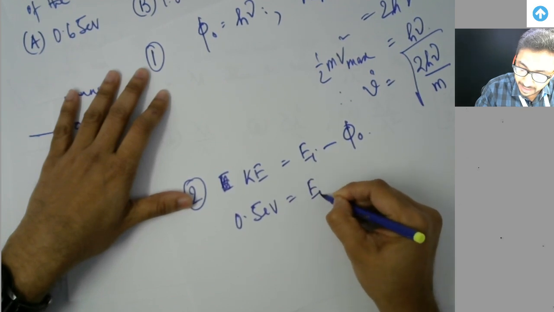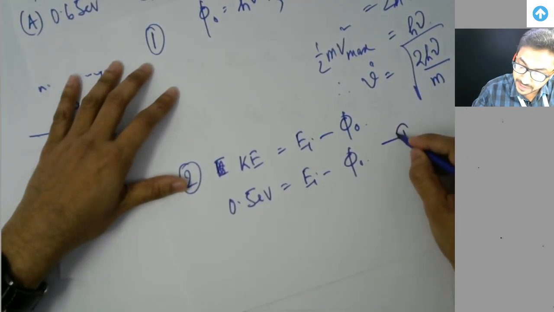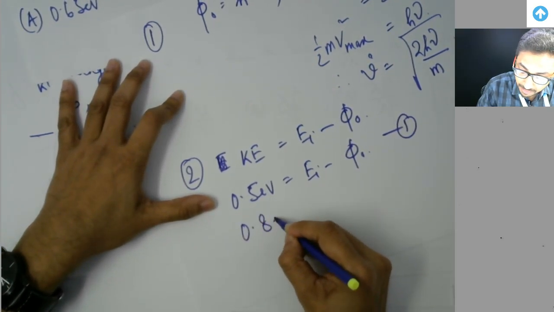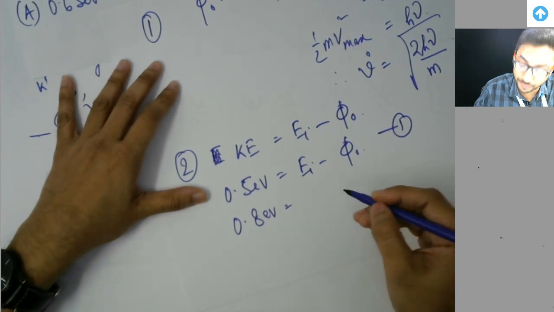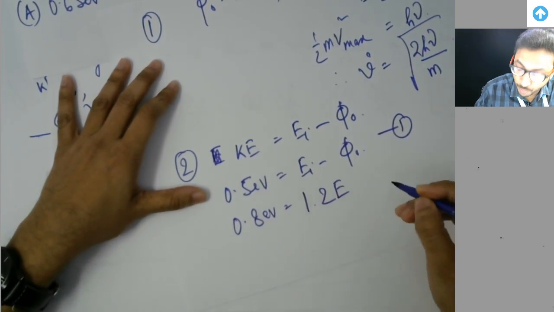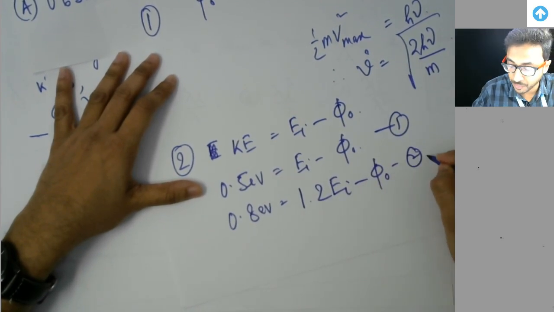So 0.5 is E_I minus phi 0. This is the first equation. In the second equation, the kinetic energy is 0.8 electron volt, and the energy of incidence is 1.2 E_I, minus phi 0.